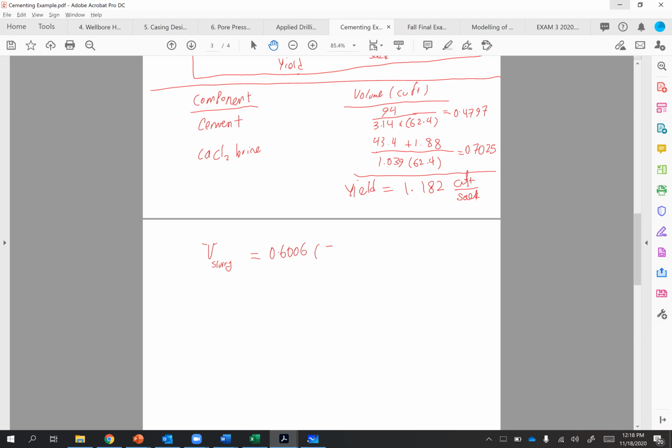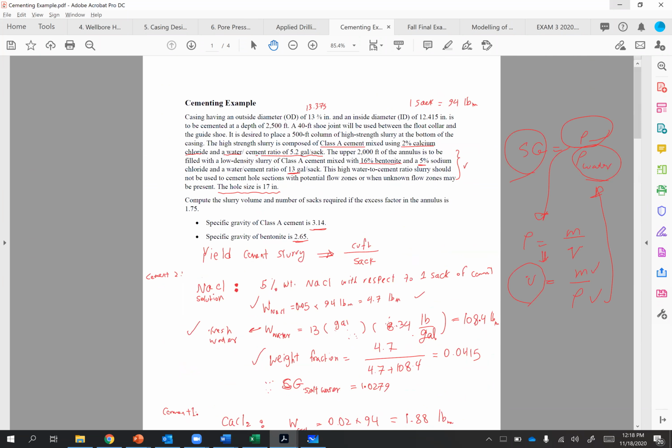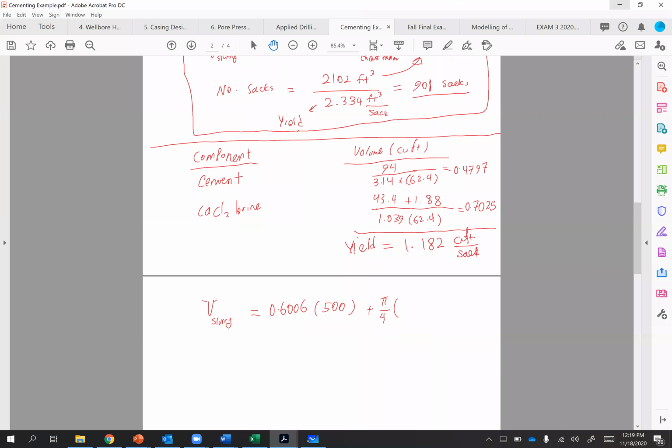0.6006, and that should be a 500 feet section, right? And then we have a 40 feet section, so pi over 4 multiplied by the inner diameter of our casing, which is 12.415 based on the problem. So that's 12.415 squared.